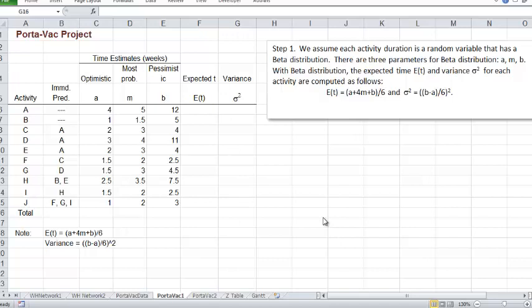So how we do this is we assume that each activity duration is a random variable with a beta distribution. Beta distribution has 3 parameters, A, M, and B. And with these 3, we can find the expected time and the variance for each activity duration. Beta distribution looks something like this. Here's the axis. Here's your shortest possible time, and then the most probable time.